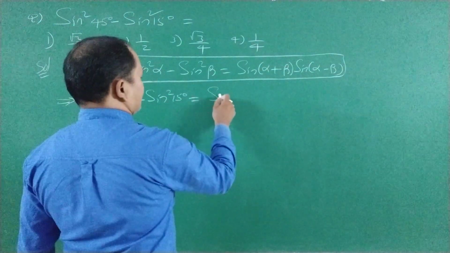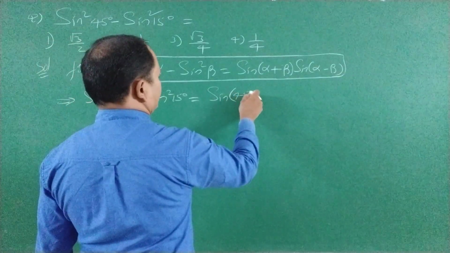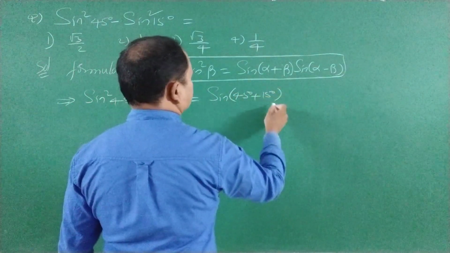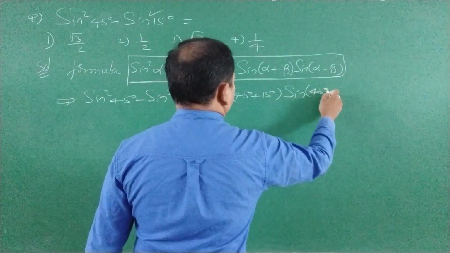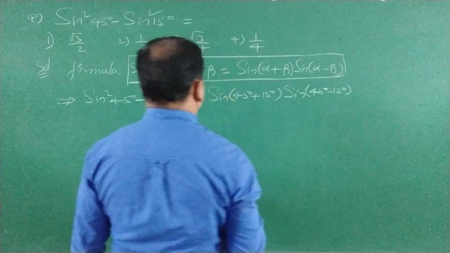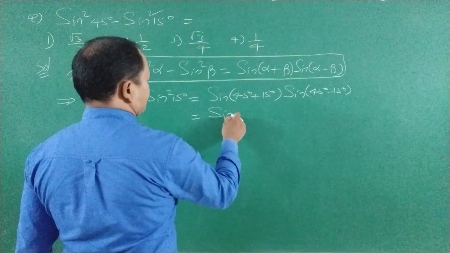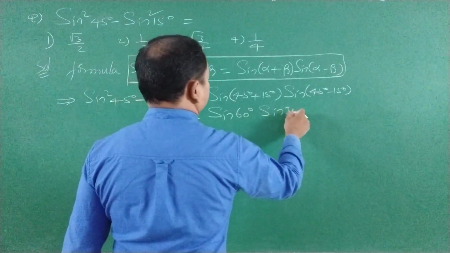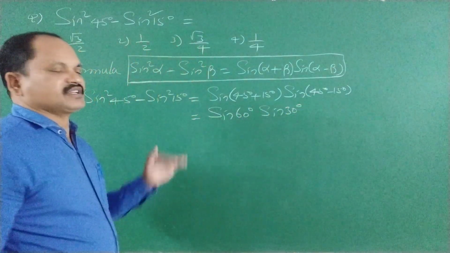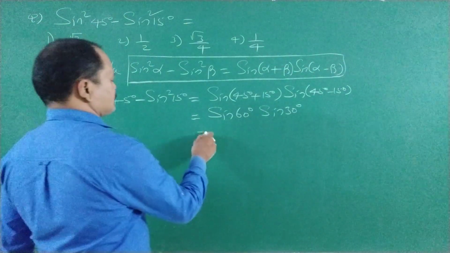Now sine alpha plus beta, so 45 degrees plus 15 degrees, into sine 45 degrees minus 15 degrees. Now this is sine 60 degrees into sine 30 degrees. Sine 60 is root 3 by 2, sine 30 is 1 by 2.